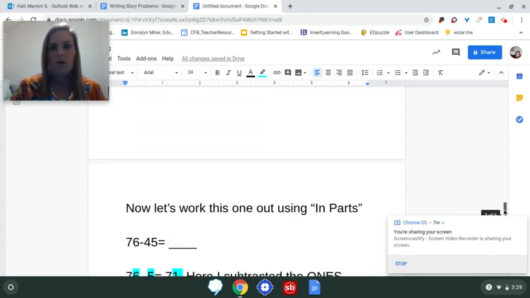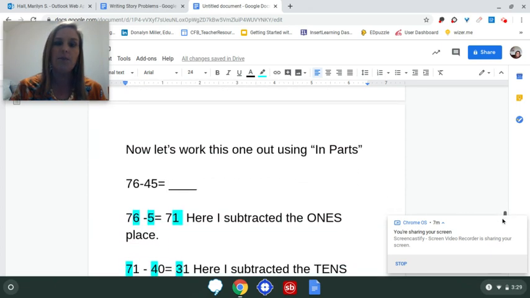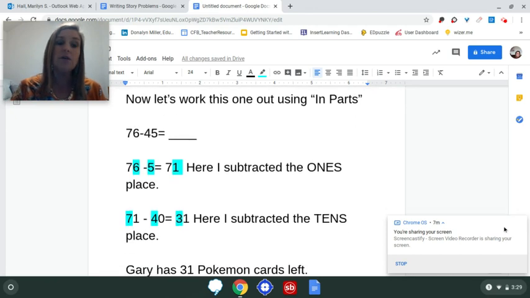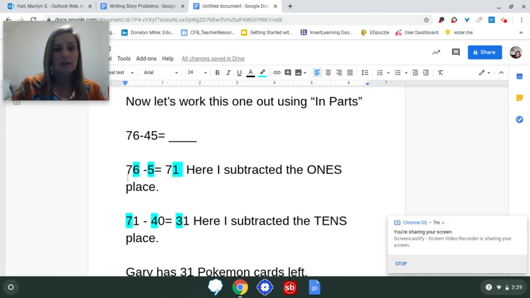So what we've done here is I've done it in parts again. I'm going to start with the 76, and I'm going to subtract the 5 from the ones place. This is the ones place, and I'm going to end up with 71. Now I'm going to take that 71, and I'm going to subtract from the tens place, and that number is 40. If you notice what number is changing here, the tens place changed on this one, the ones place changed here.